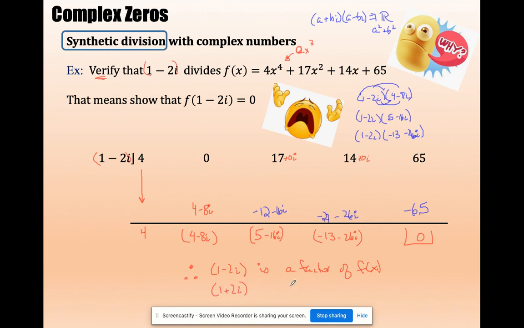So the other two zeros are either also complex conjugates or they are real. But that's not what they asked me to do. They just asked me to verify that I do divide, right? 2 divides 10 because when I divide, I get 5 with a remainder of 0. 1 minus 2i divides this fourth degree polynomial because when I did division, I got a remainder of 0.